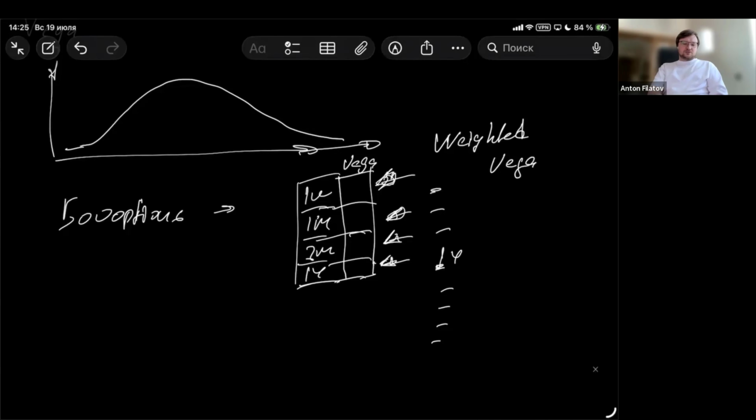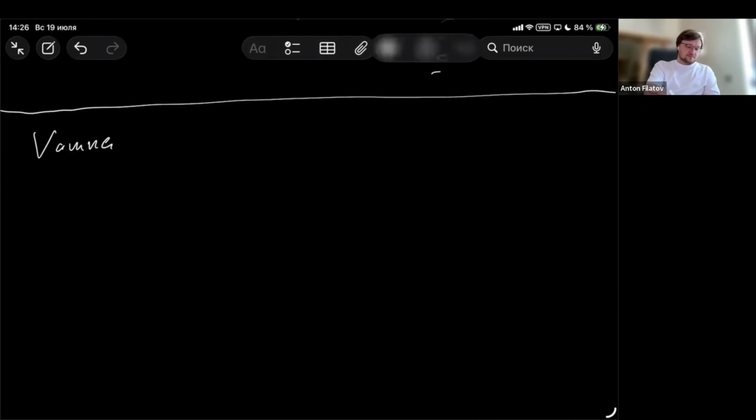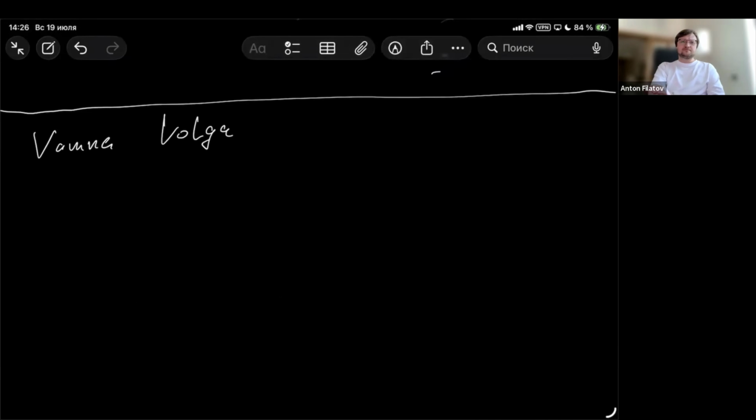Okay, we won't stop much on Vega here because of time. What did we look at after that? We looked at Vanna and Volga. I think we looked at Volga, not that sure. Anyway, we actually took a look at volatility surface construction.